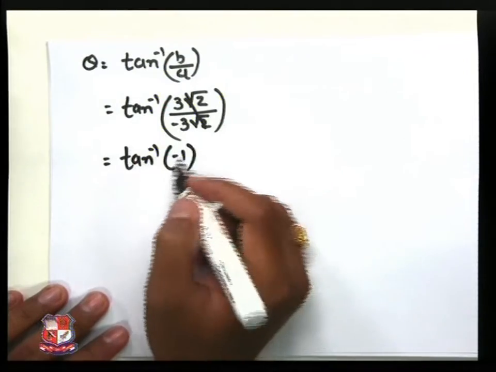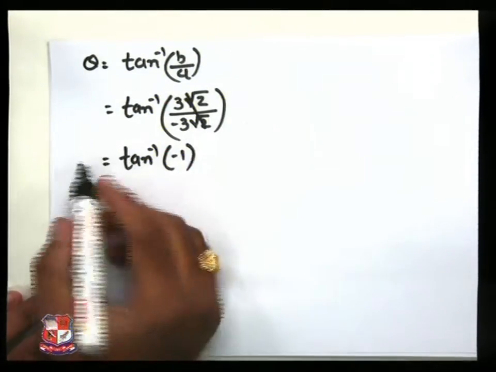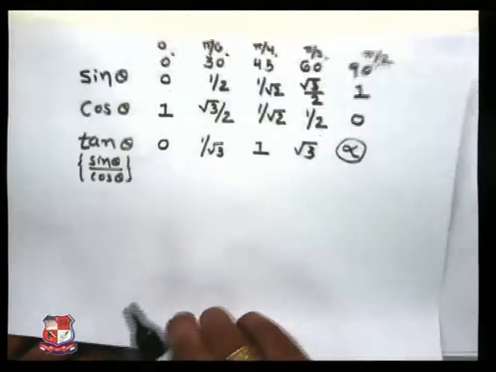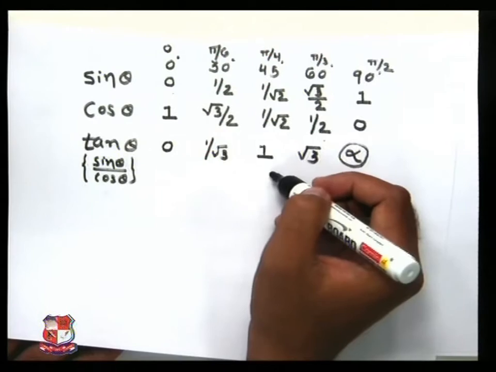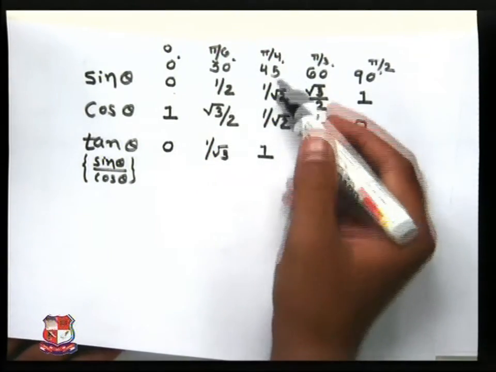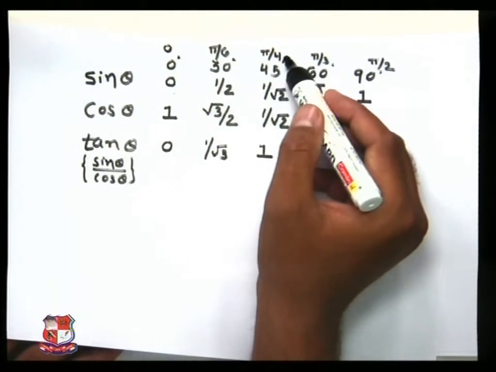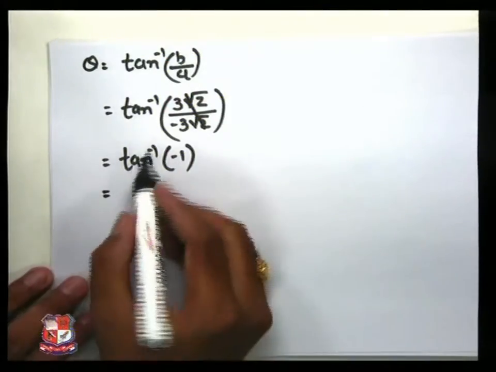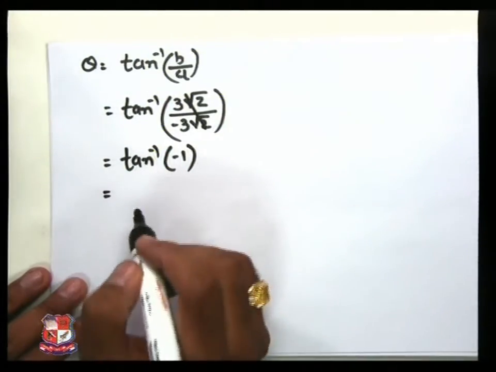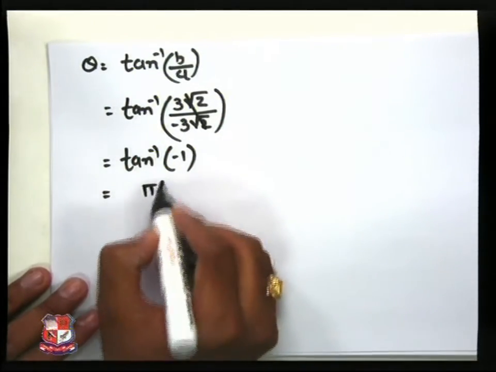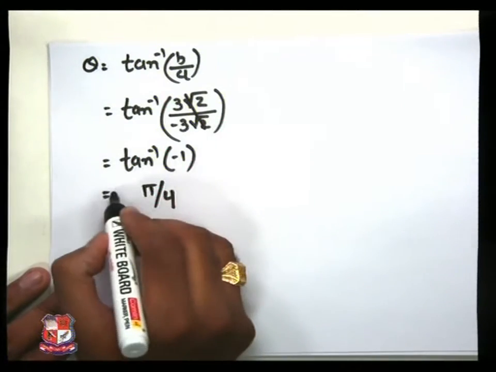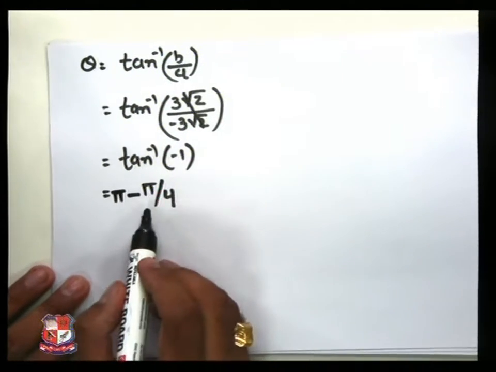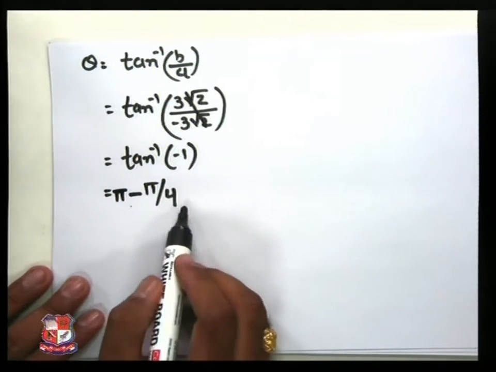So finally we get tan inverse of minus 1, and we consider the angle at which tan becomes 1. That angle is 45, or pi by 4. But we want to convert this angle into pi minus theta, so the angle becomes pi minus pi by 4.